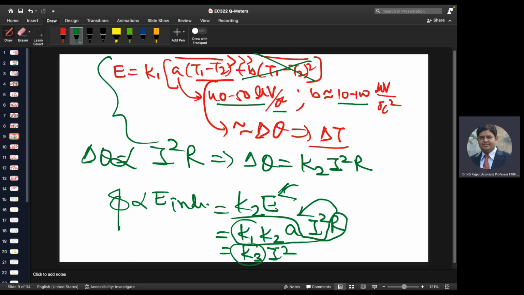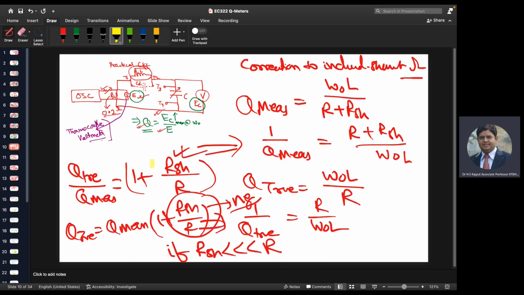And this component is much greater than this component, and therefore only this much is considered and used, right? Finally we can find E induced is proportional to the square of the current actually flowing. Okay, so this is how this is practically measured.